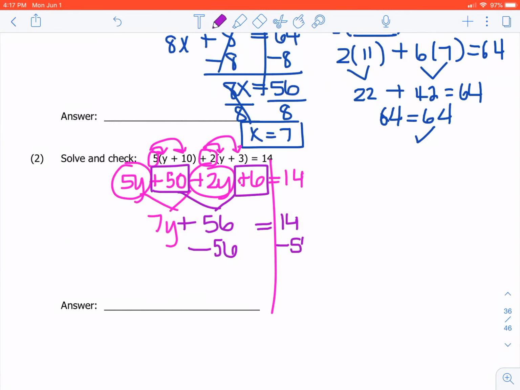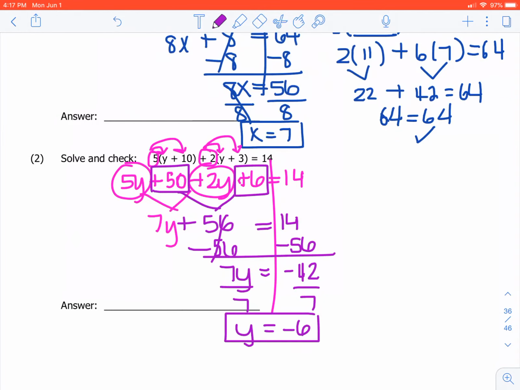I'm going to subtract 56 from both sides. So 14 minus 56. Now you can do this in the calculator. You get negative 42. Divide both sides by 7, so y is equal to, and again, you can do that in the calculator if you need to, but you get negative 6.